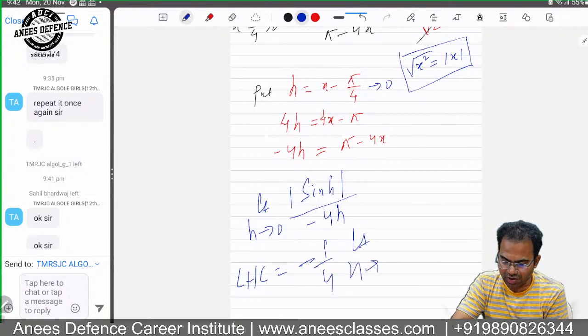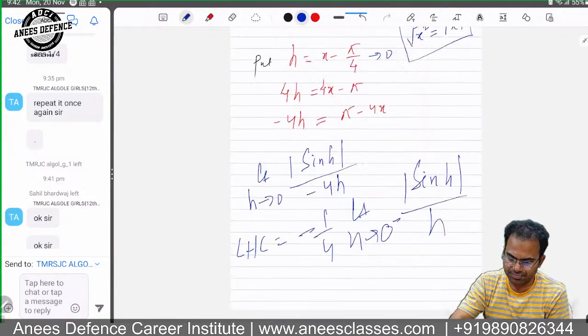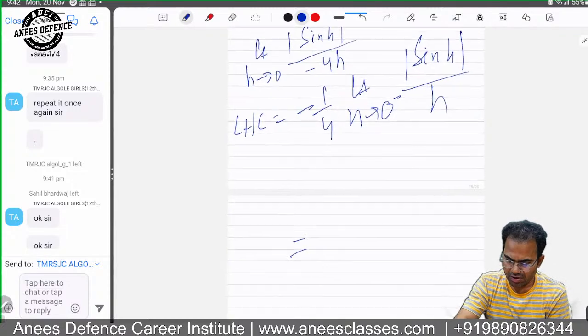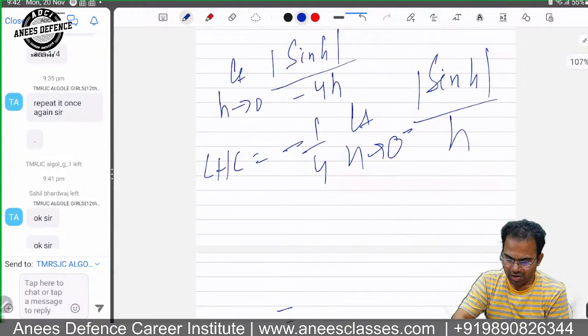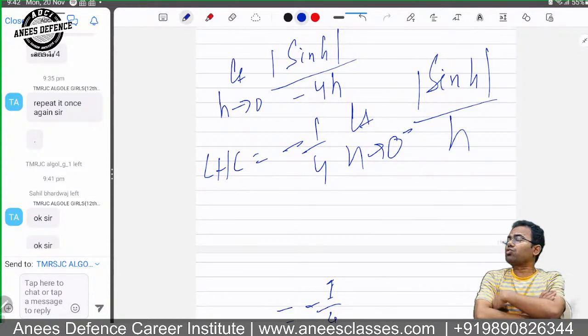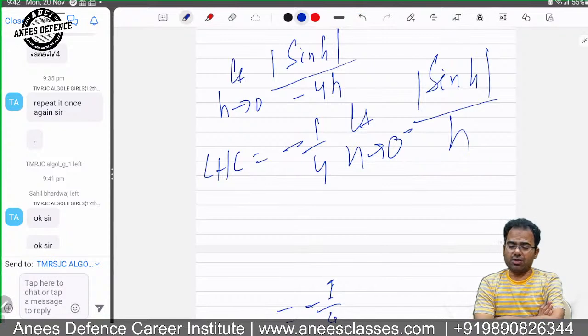Limit h tends to 0 minus, modulus sin h upon h, to the left of 0.